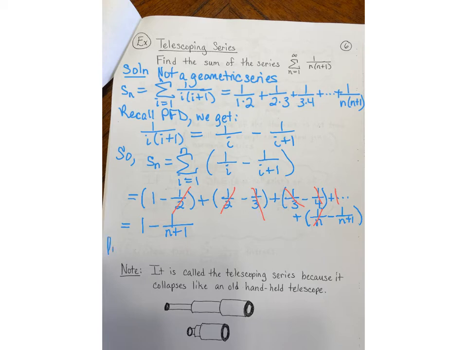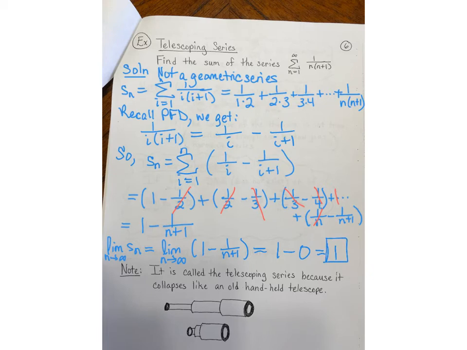So now we need to evaluate the limit of the partial sum as n approaches infinity. That's equal to the limit as n approaches infinity of 1 minus 1 over n plus 1. And as n approaches infinity, 1 over n plus 1 approaches 0. So we get 1 minus 0, which is just 1.